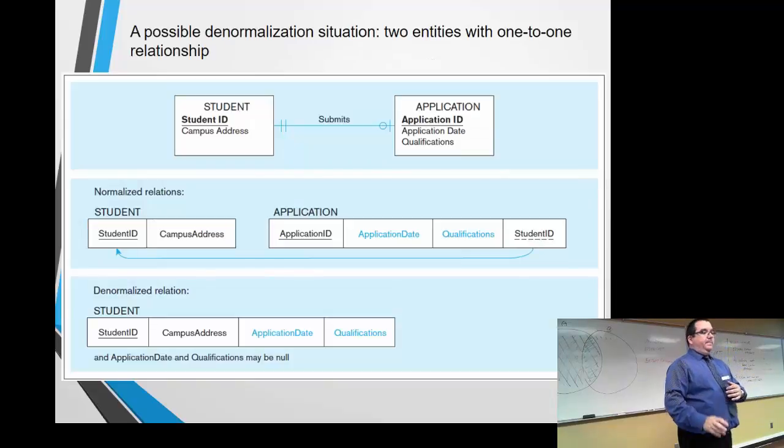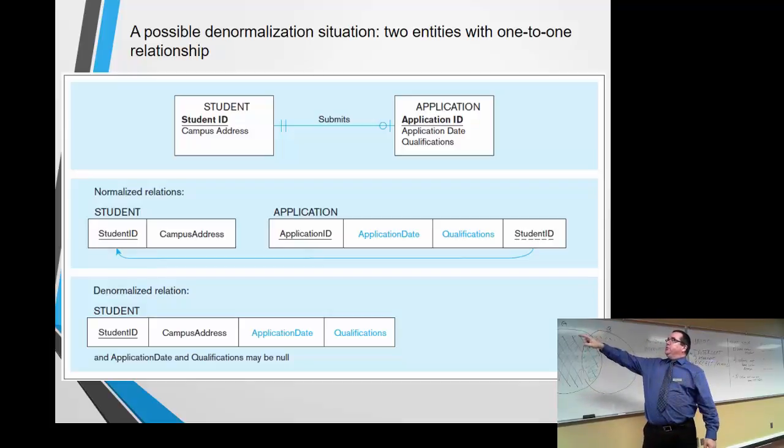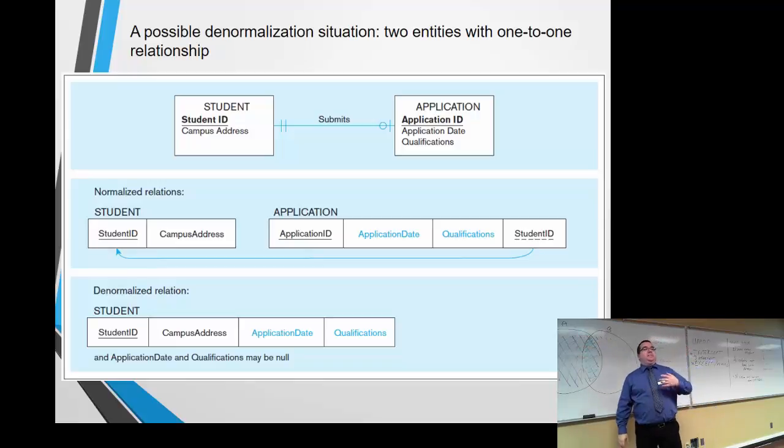Okay, here's an example. This is straight out of the textbook. Here's one where you could denormalize student ID versus application ID. Any given student can apply once to a given college, theoretically. I know you can apply to more than one program at a given college, but usually it's, I want to take program A, B, or C, not 3 different applications.